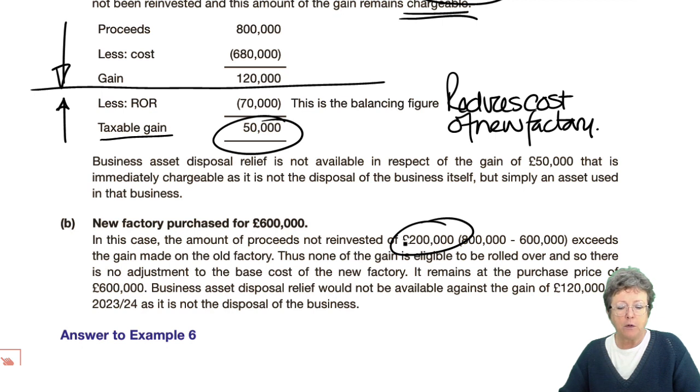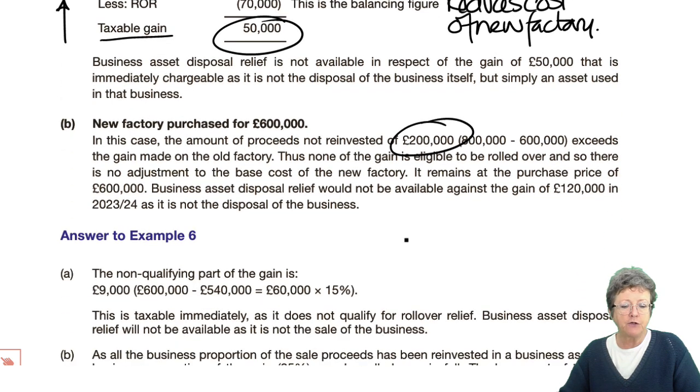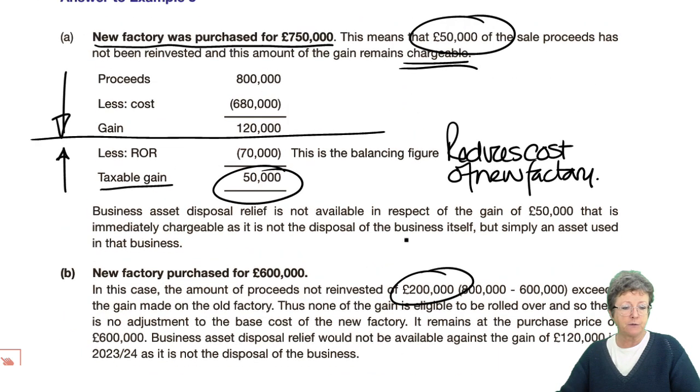Therefore, none of the gain is eligible for rollover relief. None of it at all. So there's no adjustment to the base cost. It remains at the purchase price of £600,000. And business asset disposal relief isn't available because it's not the disposal of a business.